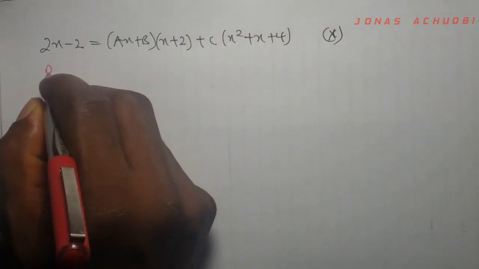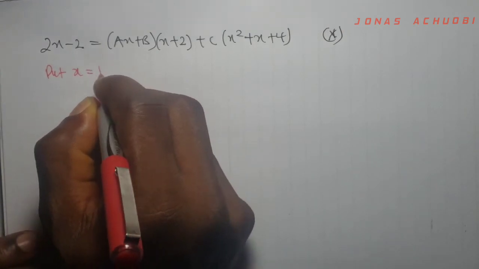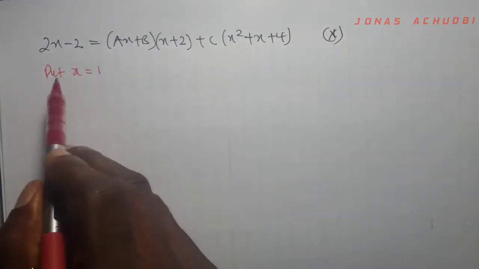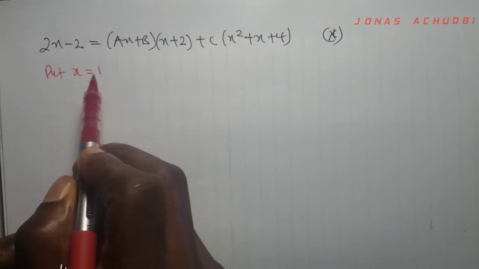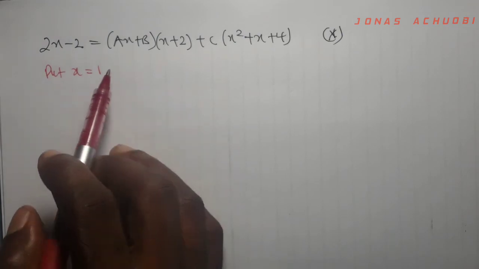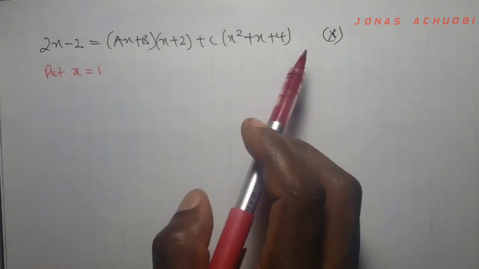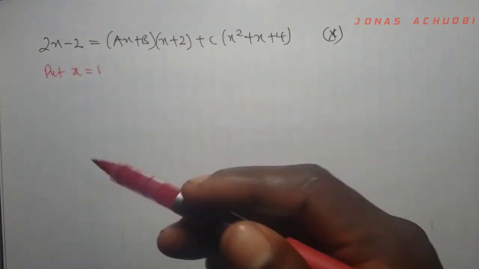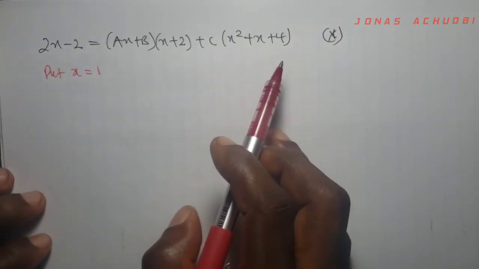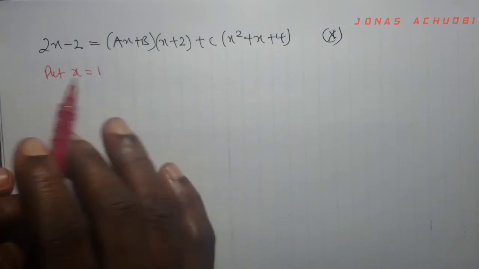So I'll now put x equal to 1 into equation star. Please take note. Let me emphasize. At this point, I can put x to be 1 over 2, x to be 3, x to be whatever it is you like. However, bear in mind that the bigger this number is, the more complicated your simplification becomes. So it's advisable to always put a number that makes the work easier for us. So in this case, I take x equal to 1.